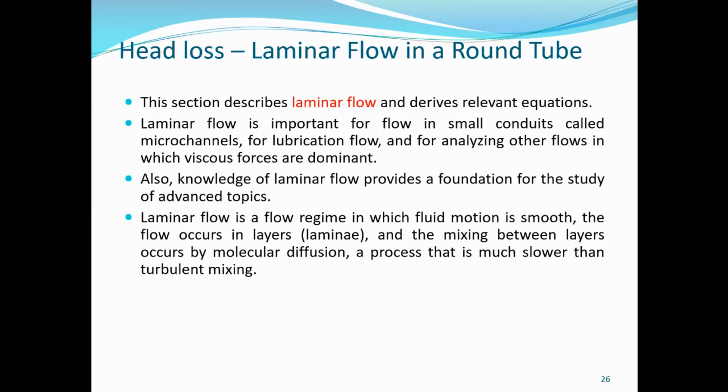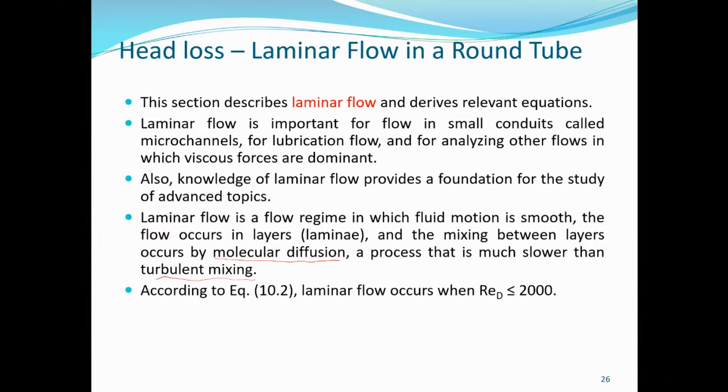Laminar flow is a flow regime in which the fluid motion is smooth and the flow occurs in layers. This we explained before. The mixing between layers occurs only by molecular diffusion, maybe if there is a difference in concentration, a process that is much slower than turbulent mixing. Turbulent mixing, because of high velocity, mixes up the layers.